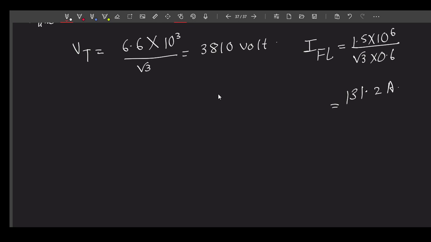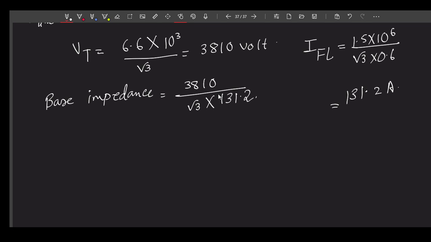So what about base impedance? Now R in per unit value will be how much?